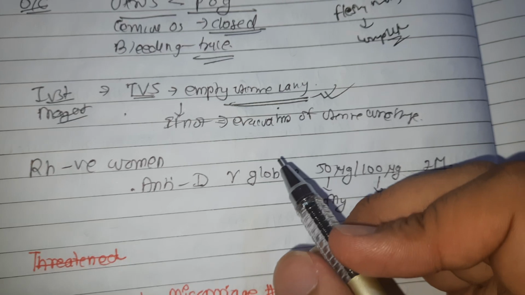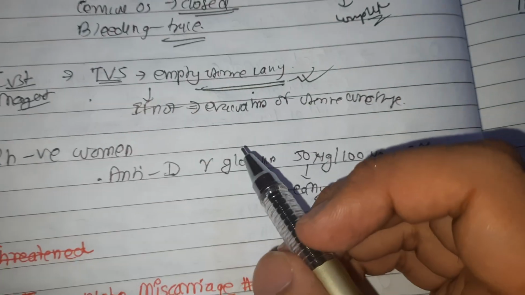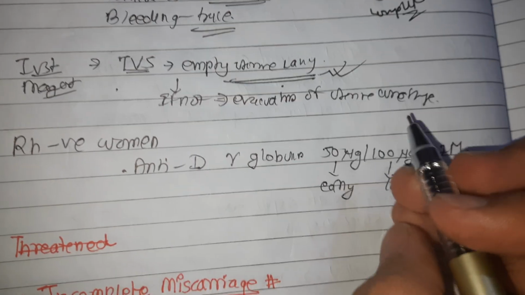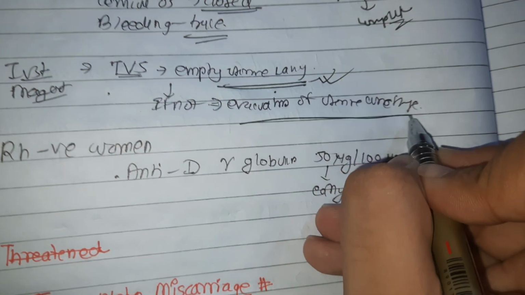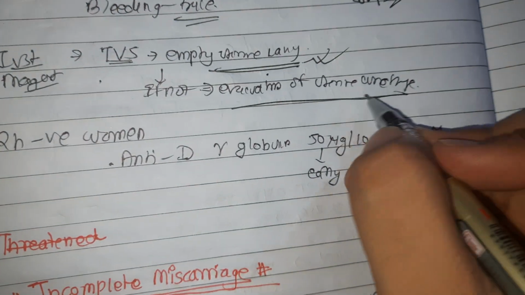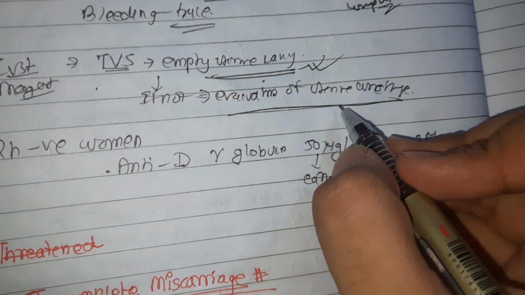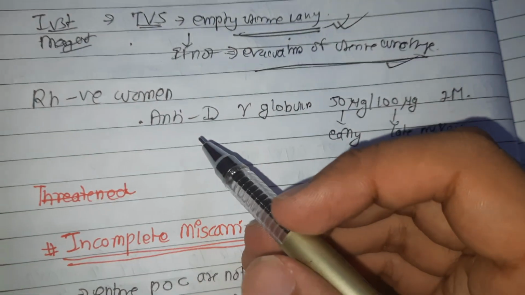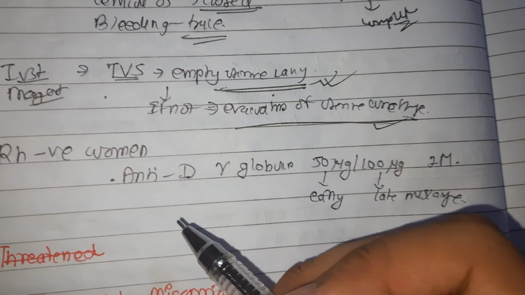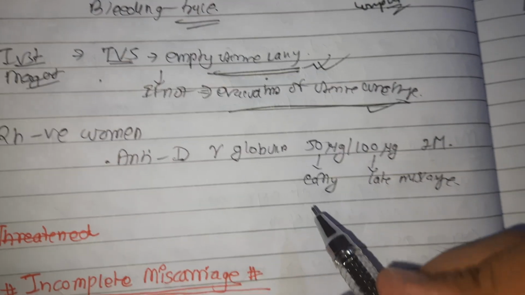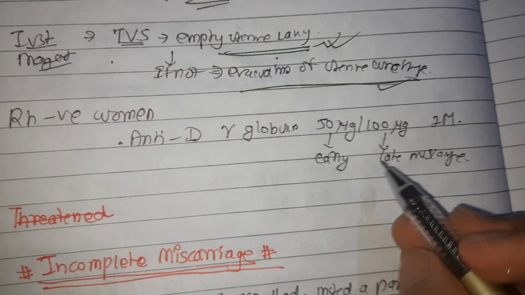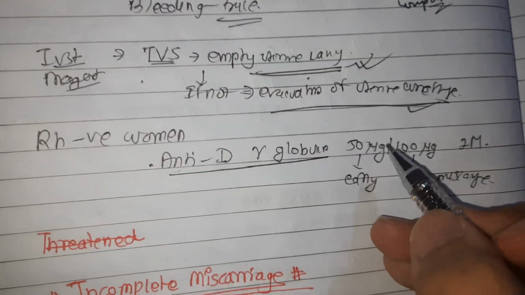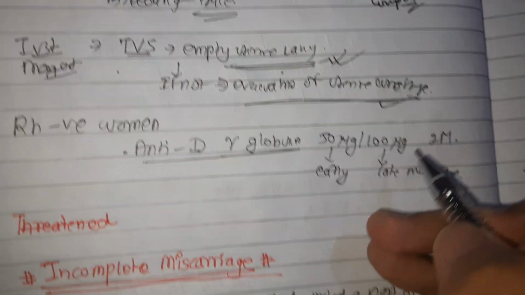And if it doesn't show an empty cavity, if there is something inside the uterus, then we have to do evacuation of the uterine cavity and uterine curettage. And in Rh negative women, the Rh negative patient without any antibody in the system should be protected by anti-D gamma globulin, 50 microgram or 100 microgram intramuscular.